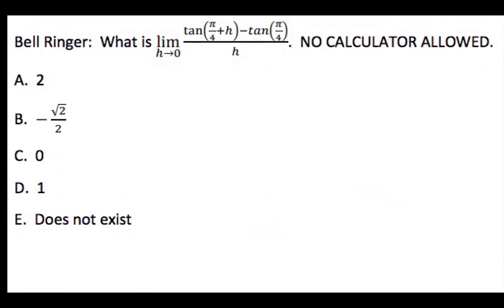I'll give you a minute or two, and then we'll talk about it. When we eventually take a test in a few weeks, this is one of the questions that I have, and I just pulled it so we could go over it. We've already seen it. You already had a quiz on it, actually. Take about 2 minutes, see what you can come up with, and then we'll talk about it.